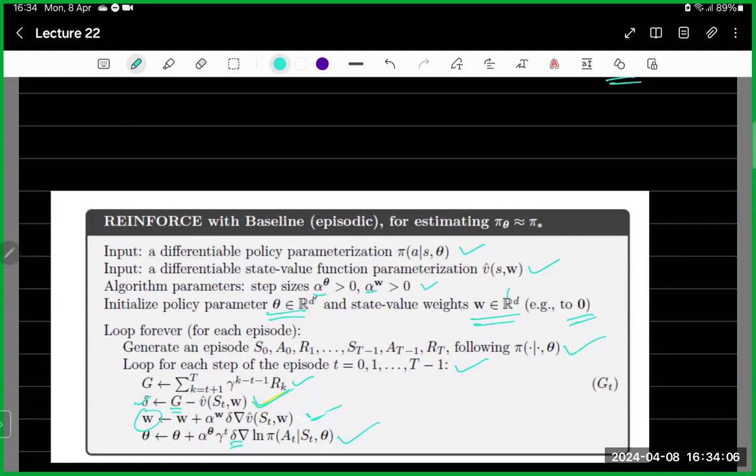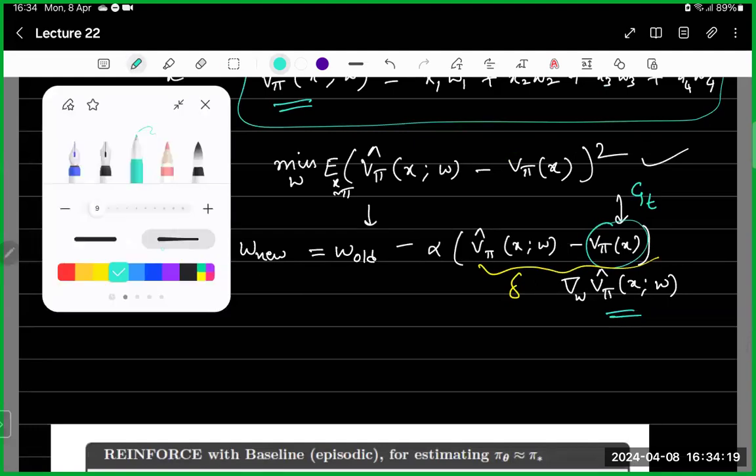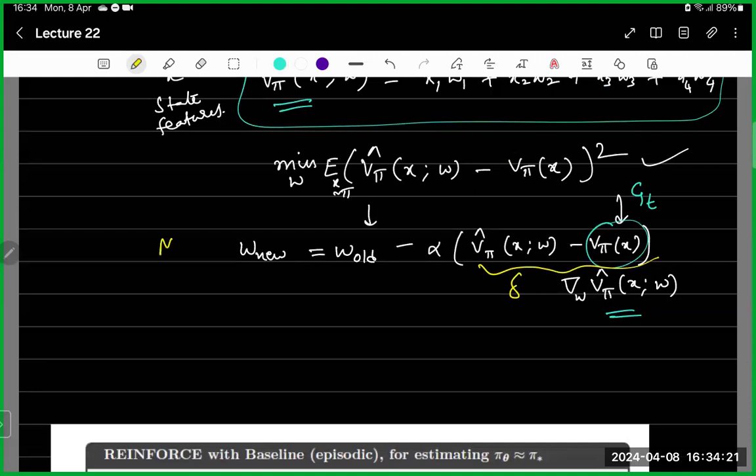Then what else can you do? This is Monte Carlo based function approximation. Instead of that, you use TD based function approximation, which we have discussed before, right? So what is TD based function approximation? In the Monte Carlo based function approximation, you have the same loss function, the mean square error, and instead of V pi, you use GT.